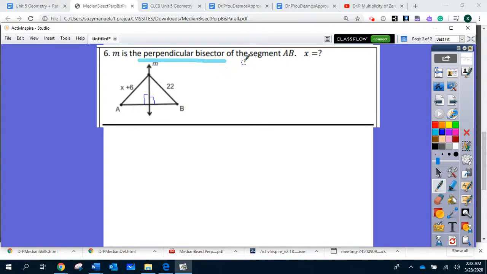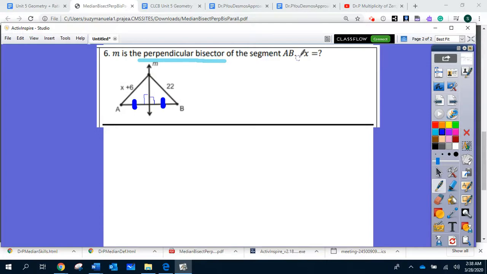The side AB, because it's the perpendicular bisector of the segment AB. So bisecting the side means that this line cuts the side in two equal parts. These segments are equal. So as we usually do, we should label these segments because in this way we can remember which parts are equal.